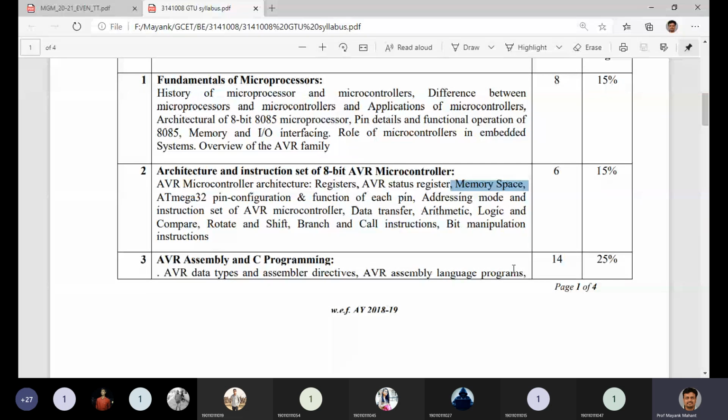Which memory is permanent memory? Which memory do we call permanent, and which temporary? Yes, permanent is ROM and temporary is RAM.